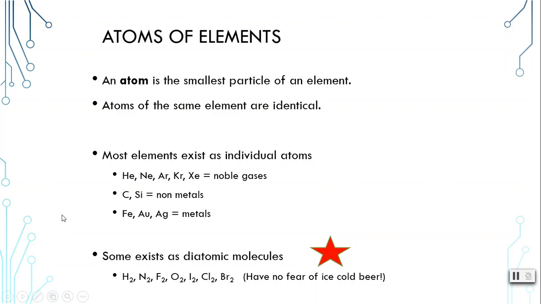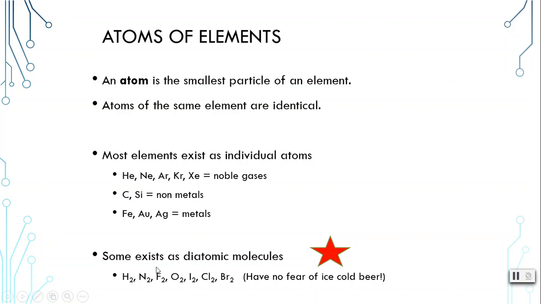And hopefully you also remember that there are some elements that like to buck the trend. They don't exist in their most stable form as individual atoms. They exist as diatomic molecules. Dia meaning two, and a molecule is what forms when two or more atoms come together.